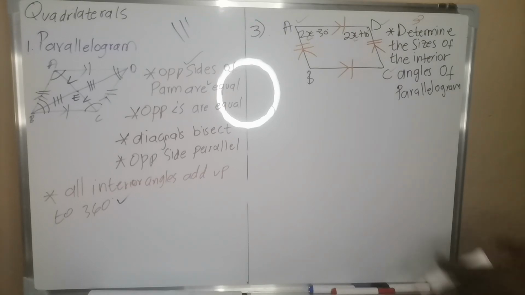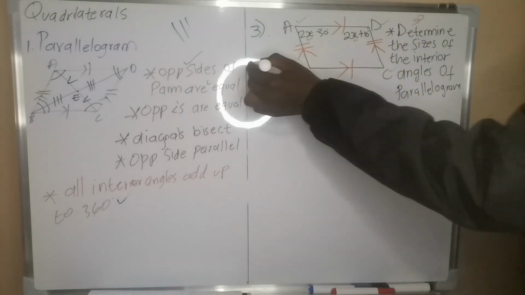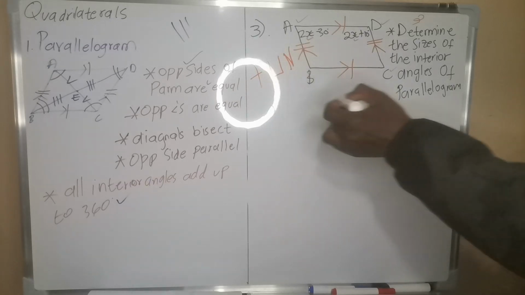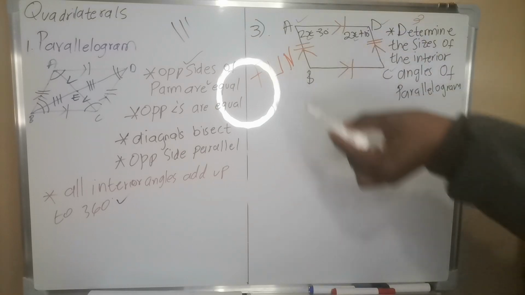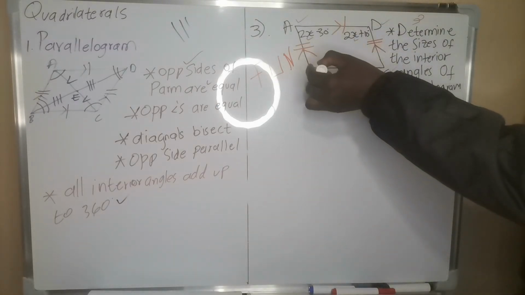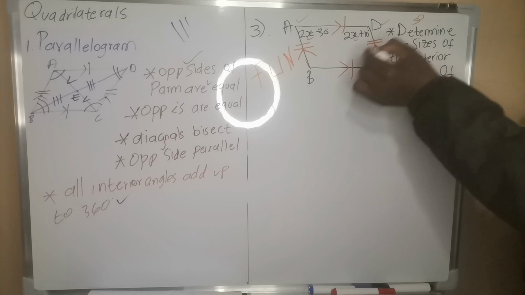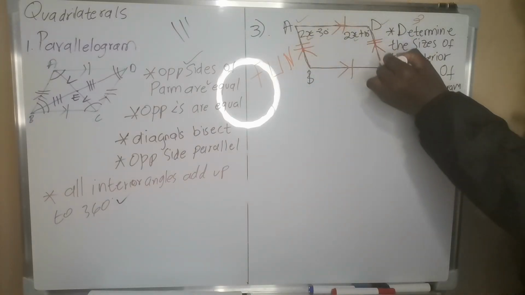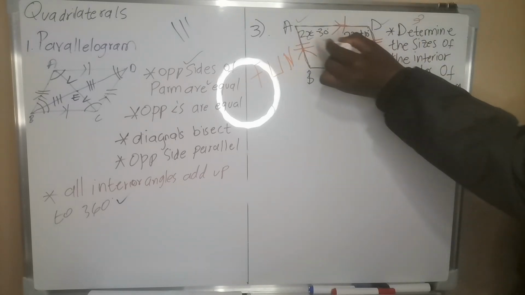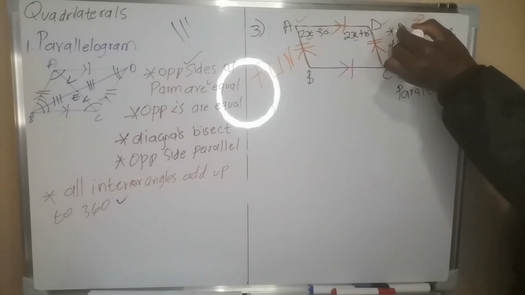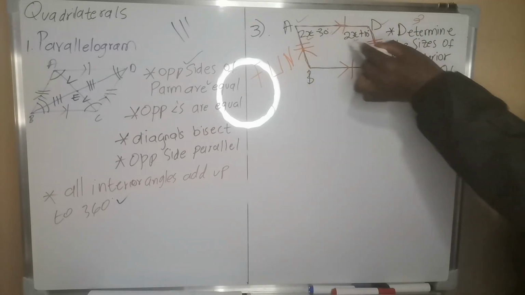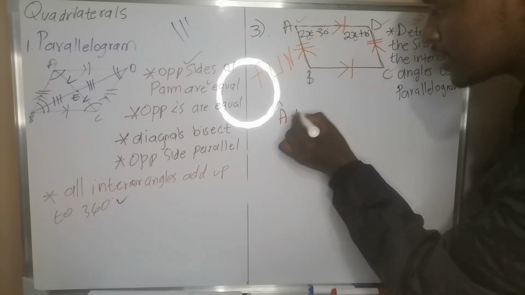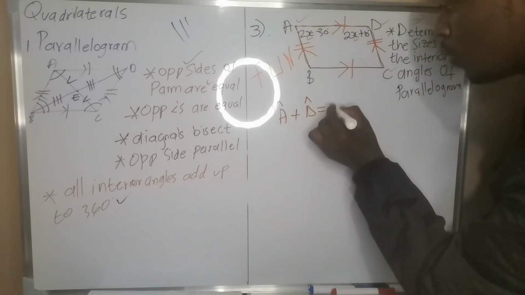So we have this, and here you know what fun. Maths is fun. Since we know there are parallel lines here, I can use U, and here's my U. This U covers angle A and angle D. So angle A plus angle D equal to 180.